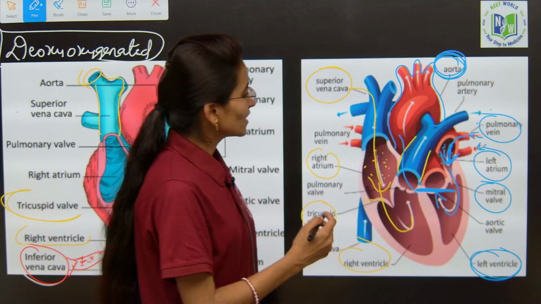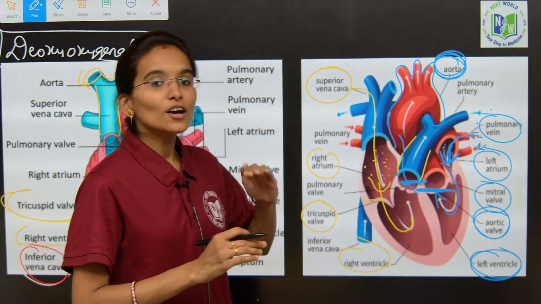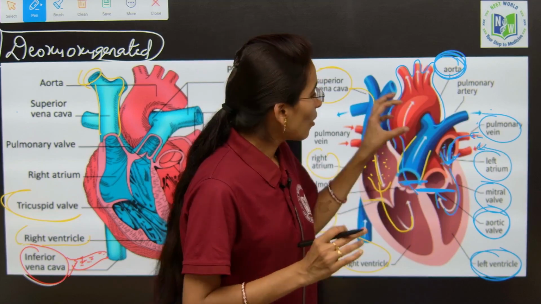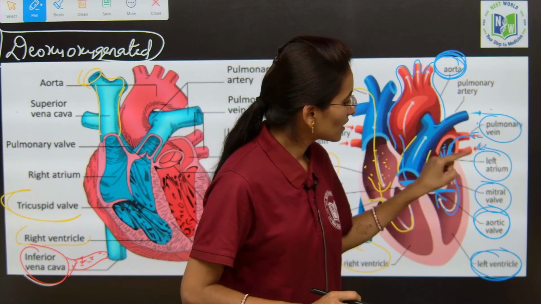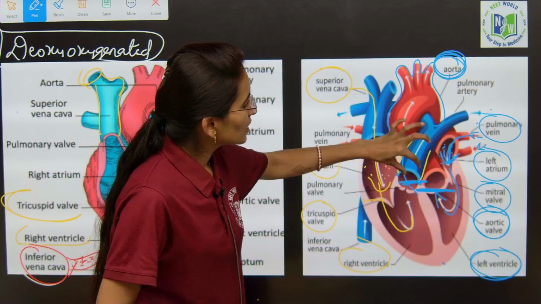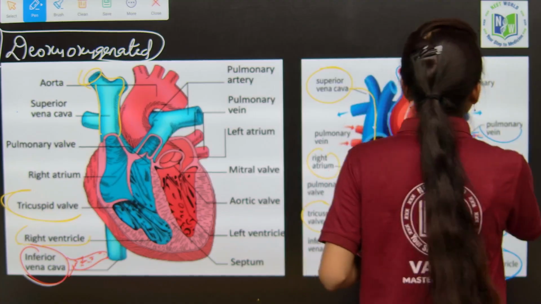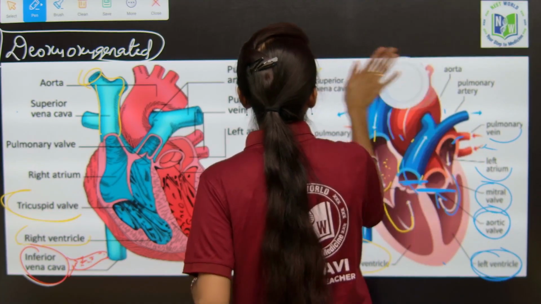Here again there is a valve called the aortic valve. Whenever the aortic valve opens, the oxygenated blood present in the left atrium and left ventricle is distributed and easily transferred into the aorta. So, this is all about the structure of the heart, my dear students.